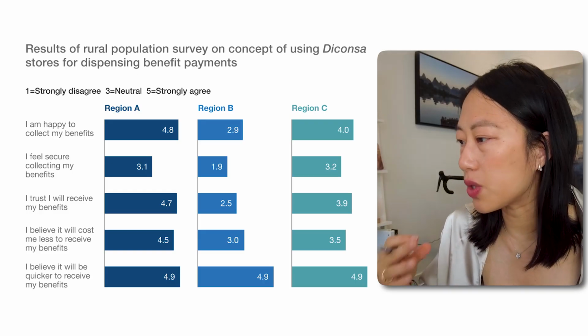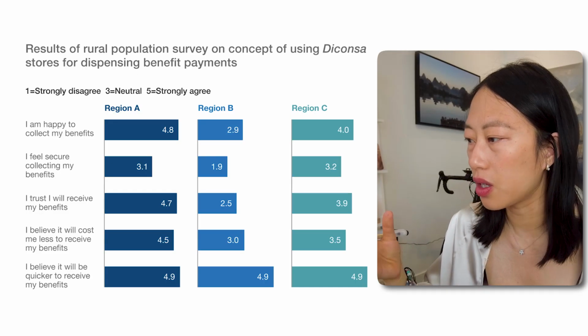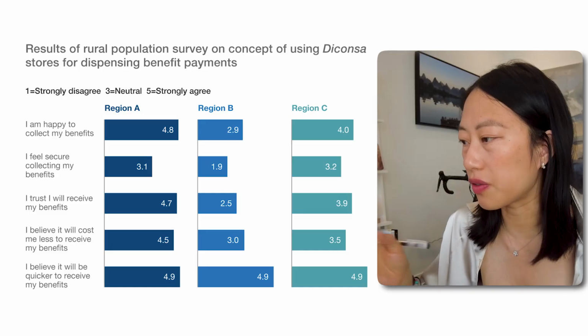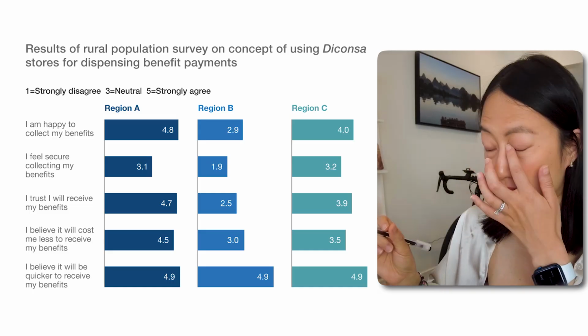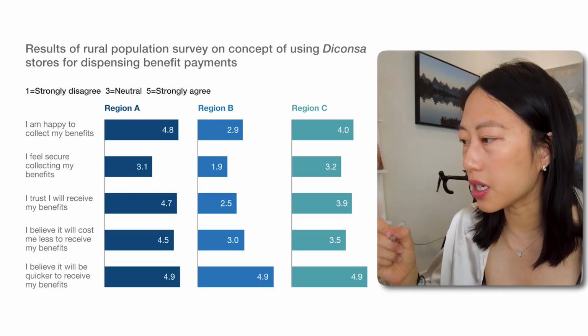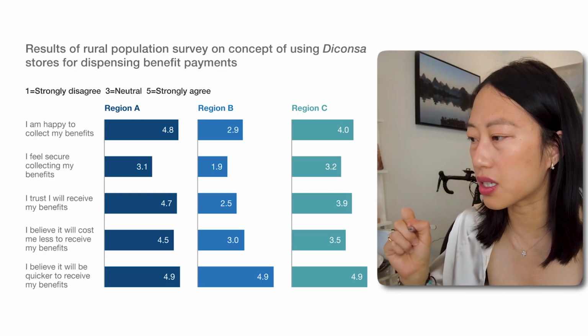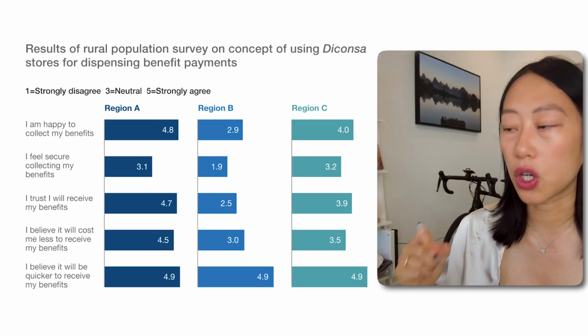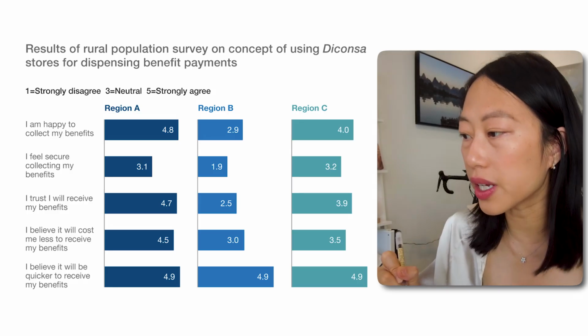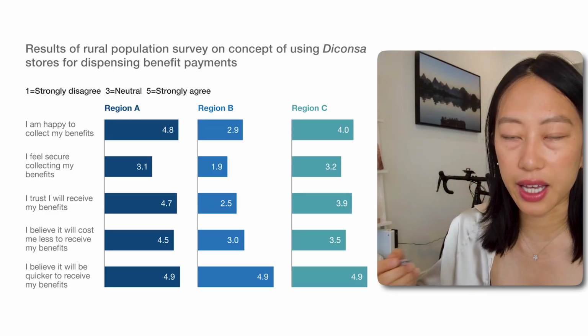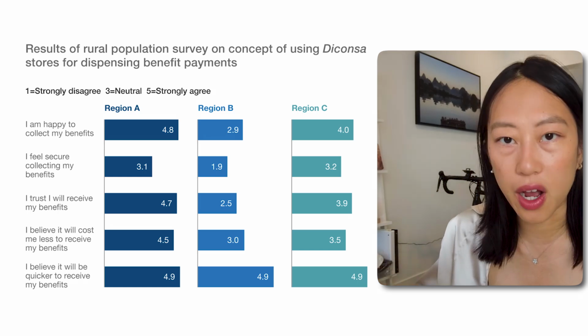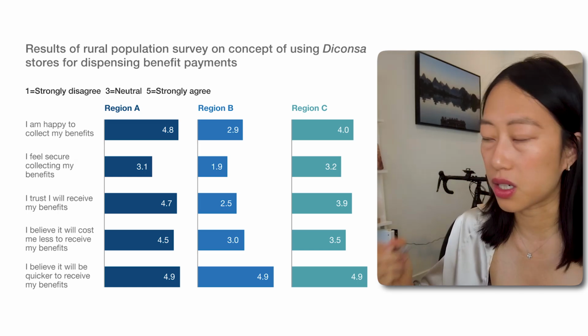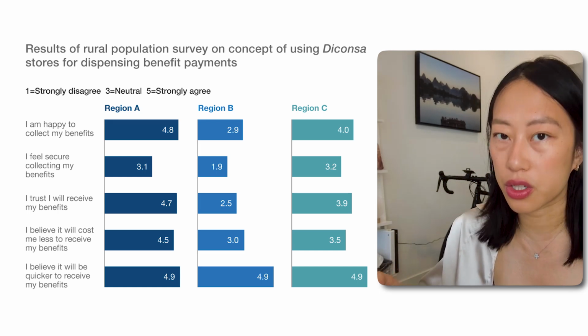In Region A and Region C, it seems like the scores are fairly high. The other thing to also note is that security seems to be a big issue because it is one of the areas that all 3 regions have scored the lowest, where they don't feel secure in collecting their benefits. Again, it might go back to the fraud and theft concern with the DeCosa store as compared to a traditional bank branch.